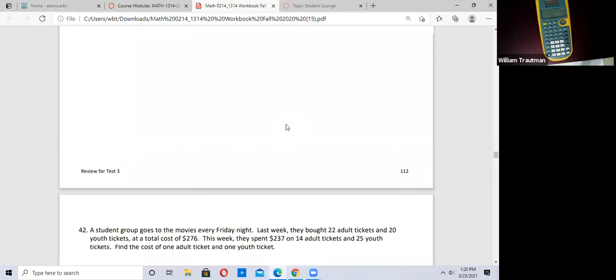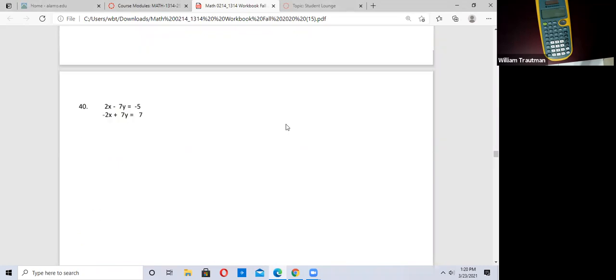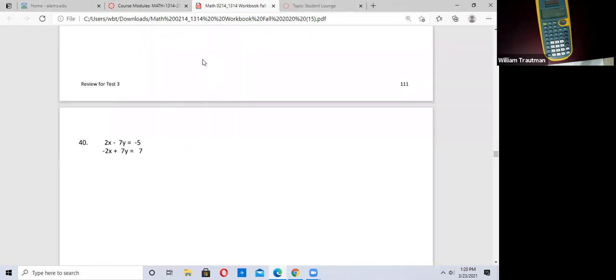However, let's look at number 40. If I multiply row 1 by -1, I end up with negative 2x. By negative 1, I end up with positive 7y. By negative 1, I end up with positive 5. The bottom is negative 2x plus 7y.